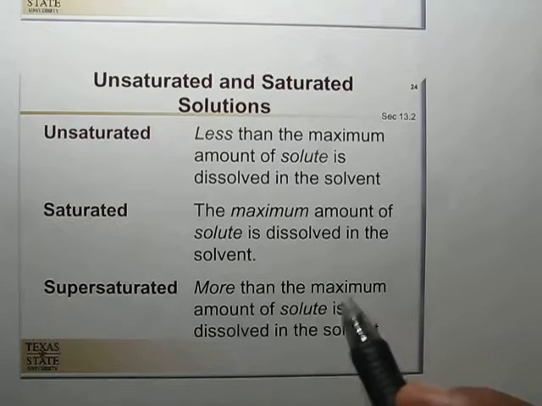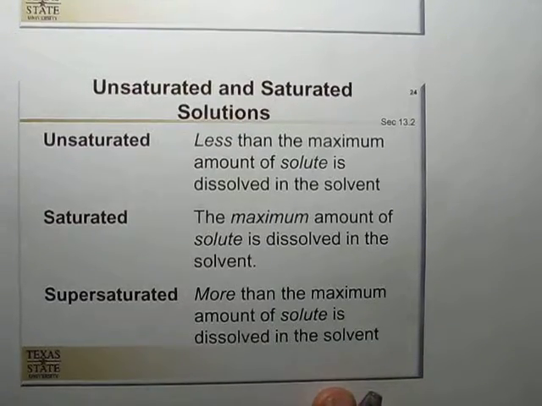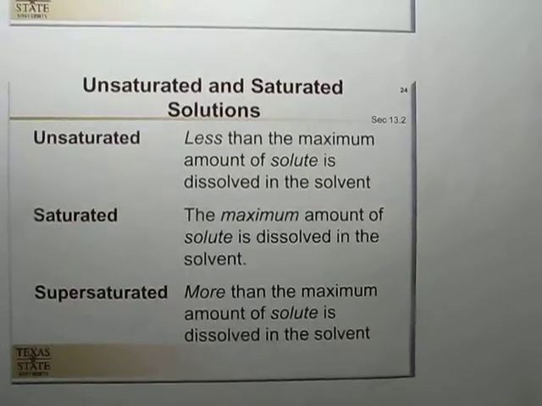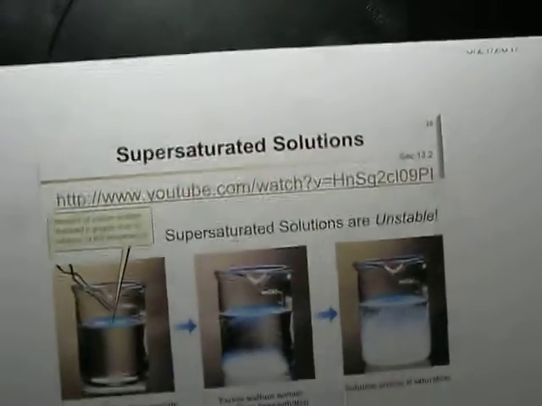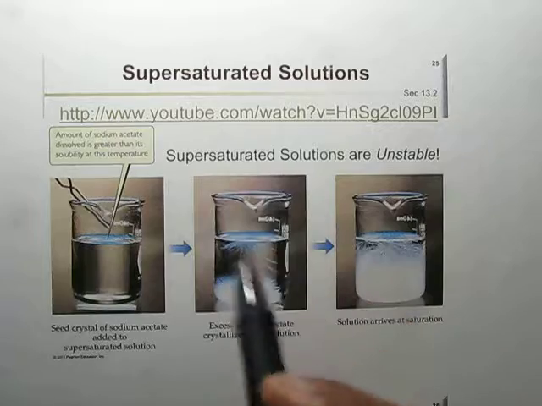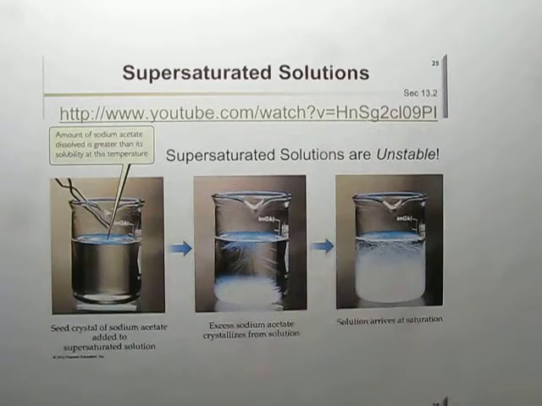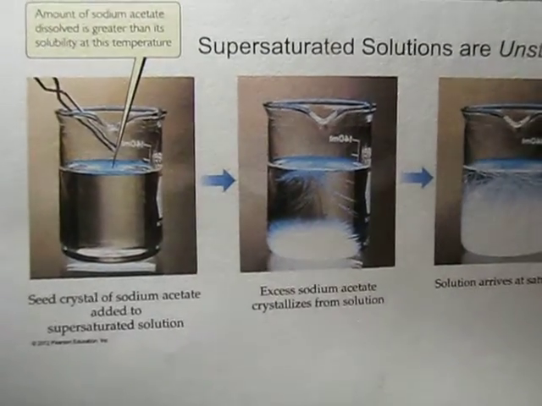A good example is candy or hard rock candy. They are examples of supersaturated solution, where a lot of sugar is involved in a small amount of water. Another example you can understand through this YouTube video, the link is here. This beaker shows a seed crystal of ammonium acetate.